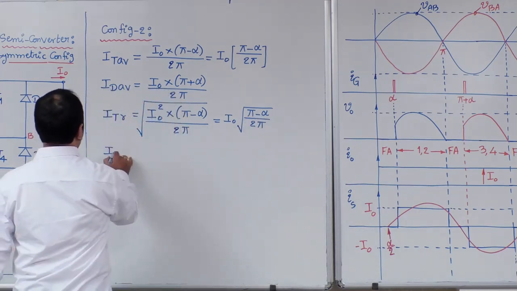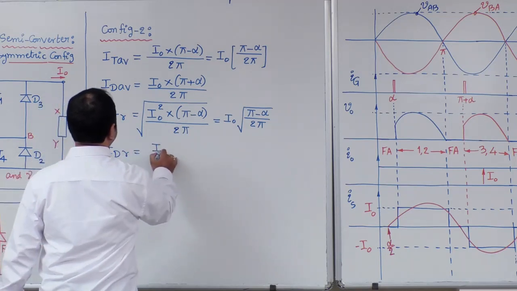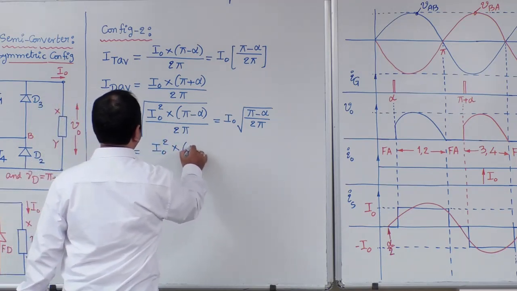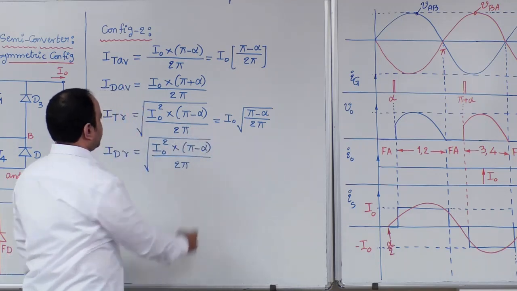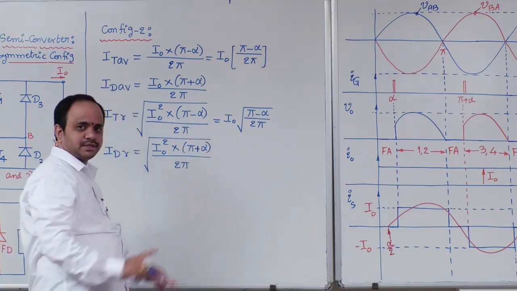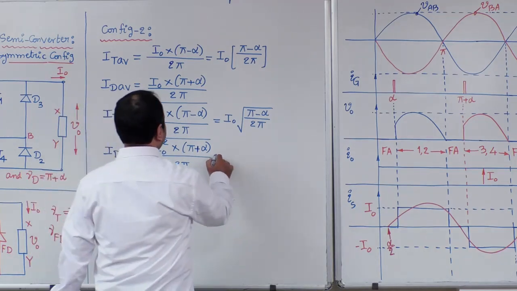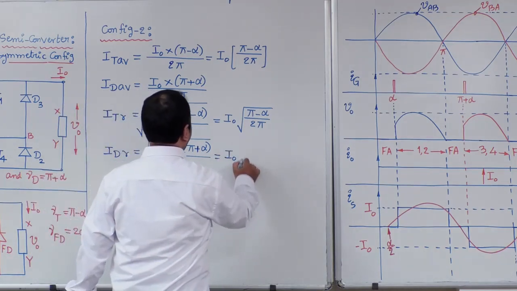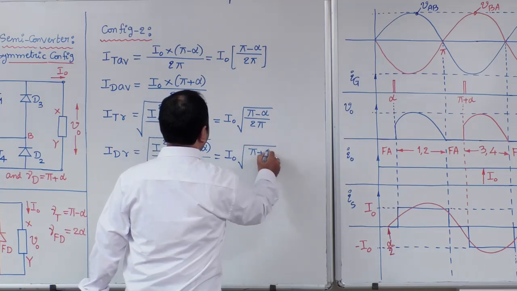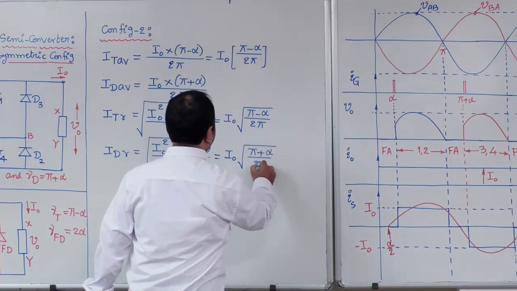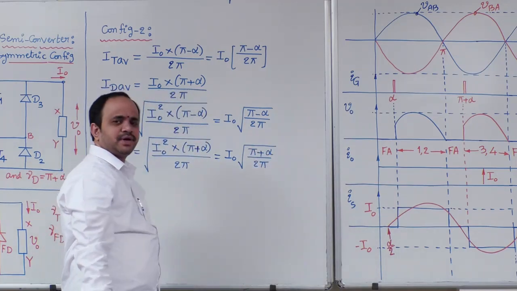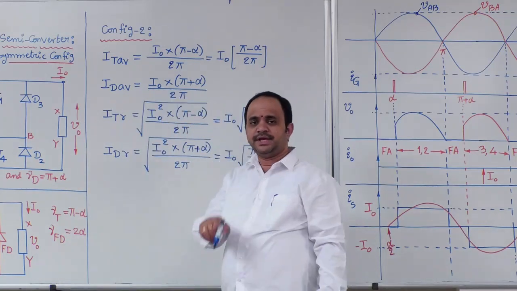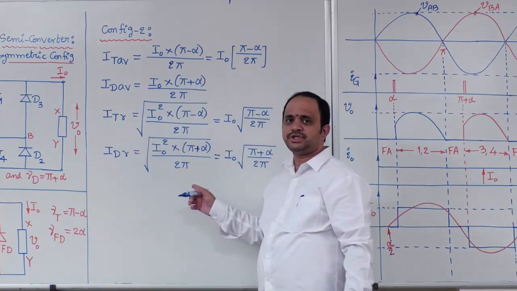Next, RMS value of diode current, I naught square multiplied with pi plus alpha divided by 2 pi. I am sorry, here it is a pi plus alpha. Diode conduction interval is for pi plus alpha. Therefore, it will give you I naught multiplied with root of pi plus alpha divided by 2 pi. These are average and RMS value calculations of thyristor and diode for configuration 2.